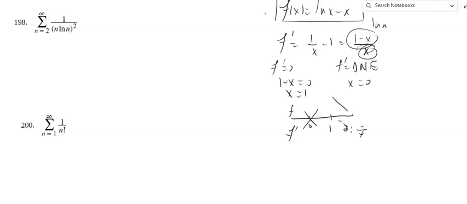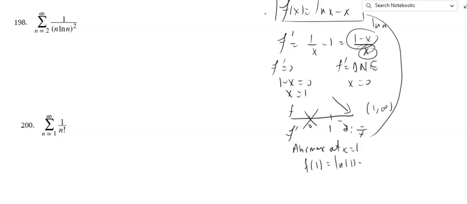If the derivative is negative, the function is decreasing. If a function is constantly decreasing from 1 all the way to infinity, then we have an absolute maximum at x equal 1. And what would that be? That would be f of 1 is an absolute maximum.